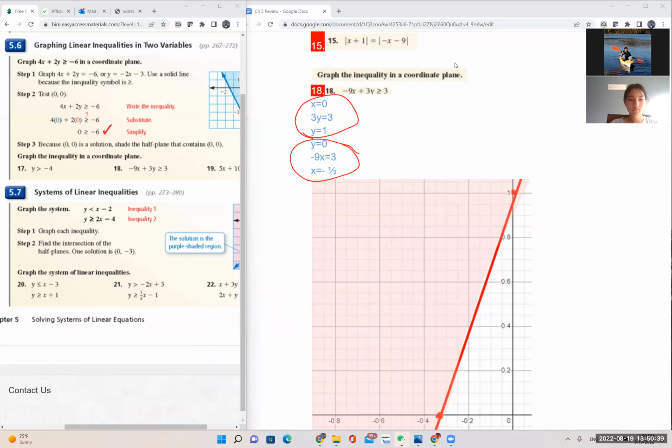But let's see what you do. X 0, 1, 0, 1. Oh, you make it so big. Then, oh yeah, it's not bad. Then when y is 0, x is negative. Oh, come on.